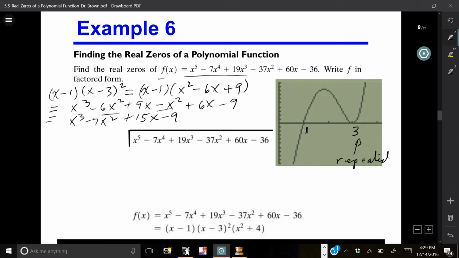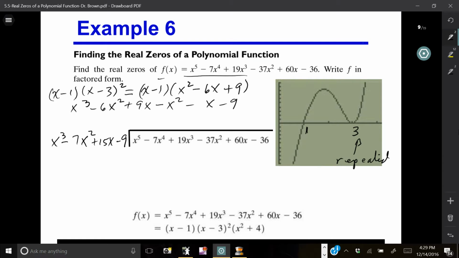So now I want to use long division to divide x cubed minus 7x squared plus 15x minus 9 into the original equation. And I'm going to give myself a little room here. And let's do the long division.